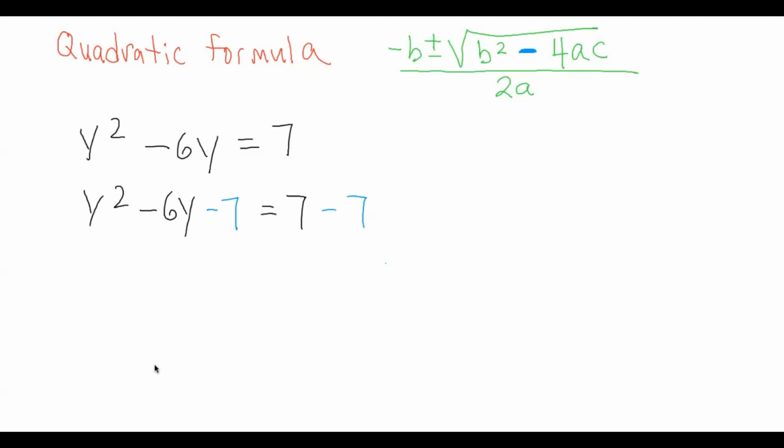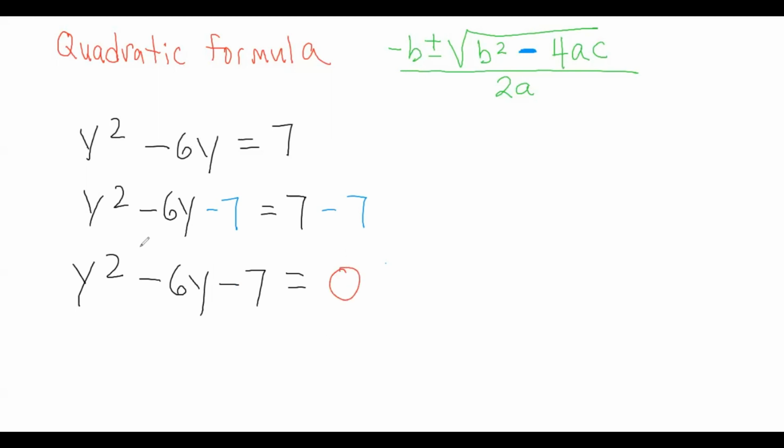Now, when we rewrite this, it's going to be y to the second minus 6y minus 7 equals what? What's the last thing we'll put over here? Does anybody know? 7 minus 7. What goes there? Thank you, 0.